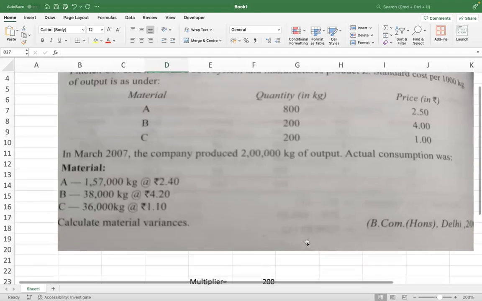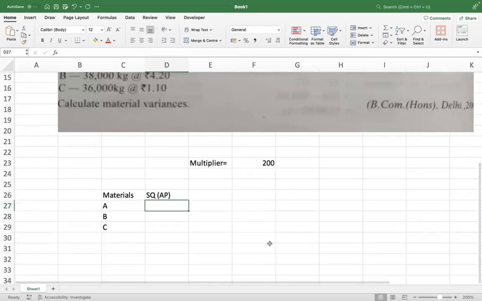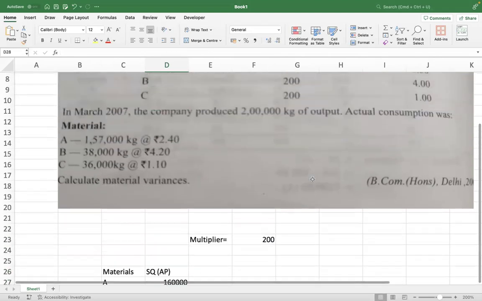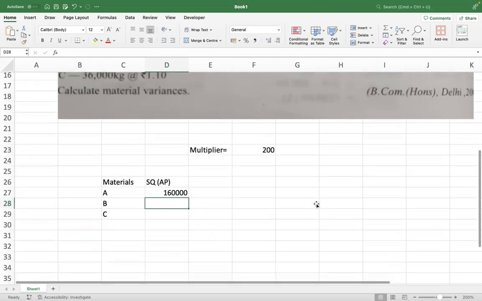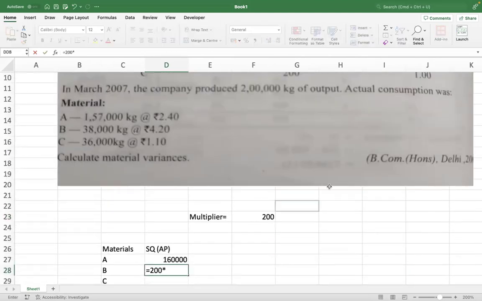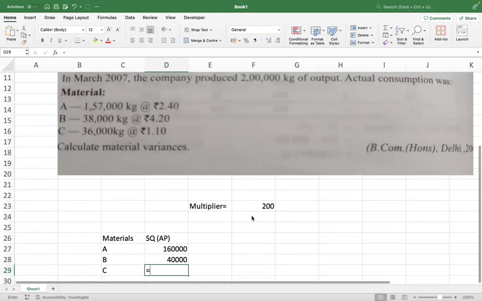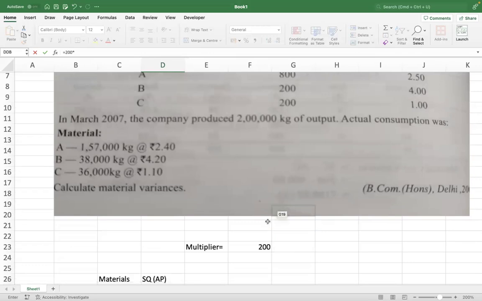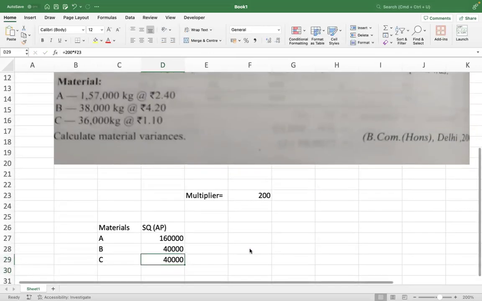So just do 800 into the multiplier. Simple unitary method. So 800 into 200 for A, 200 into 200 for B, and again 200 into 200 for C.